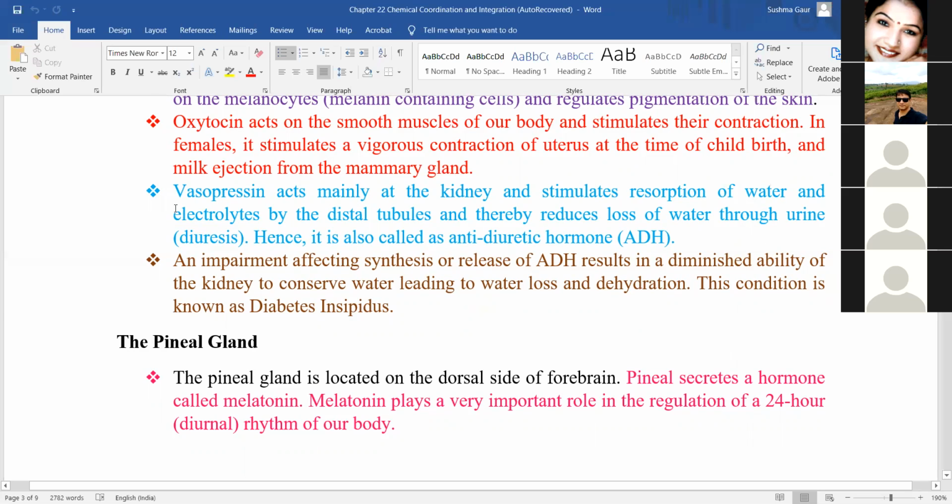Whereas vasopressin mainly acts in the kidney, and it stimulates the reabsorption of water and electrolytes by the distal tubules. You remember the function of the kidney and the diagram of glomerular filtration, in which only a small portion of the filtrate is released out as urine.